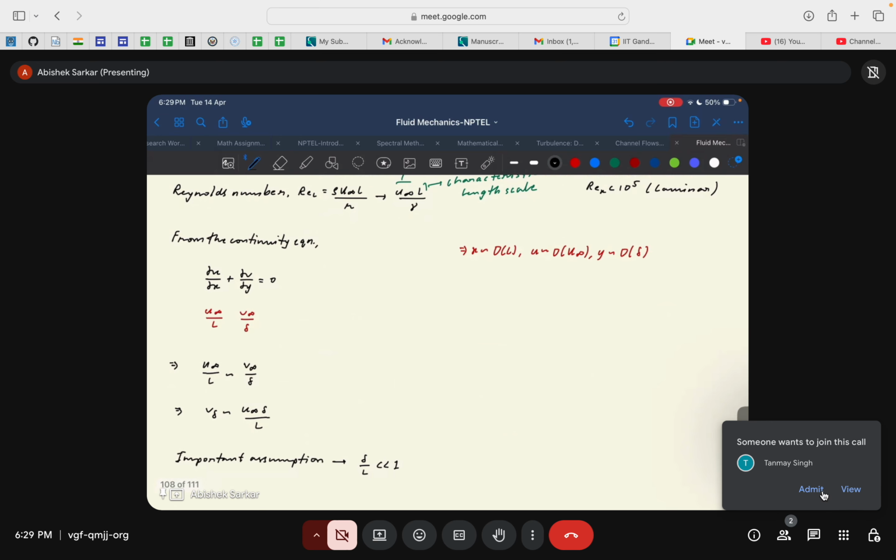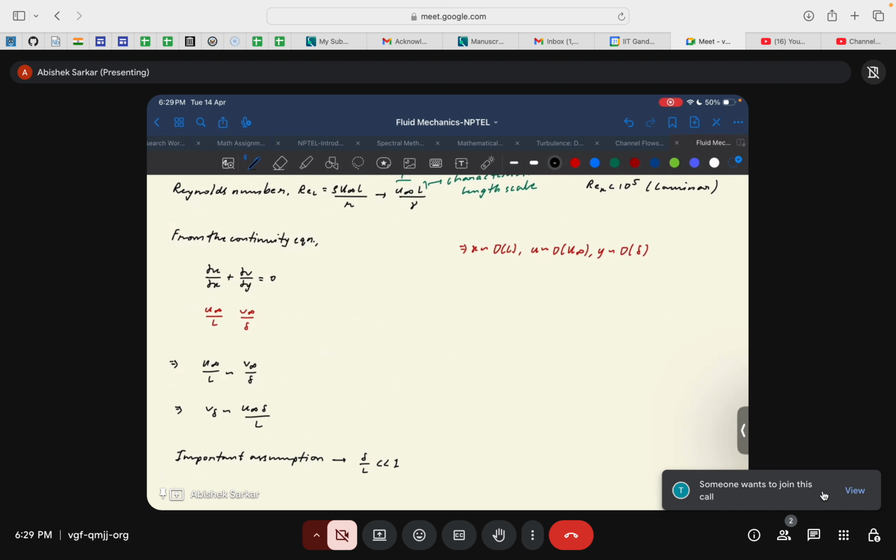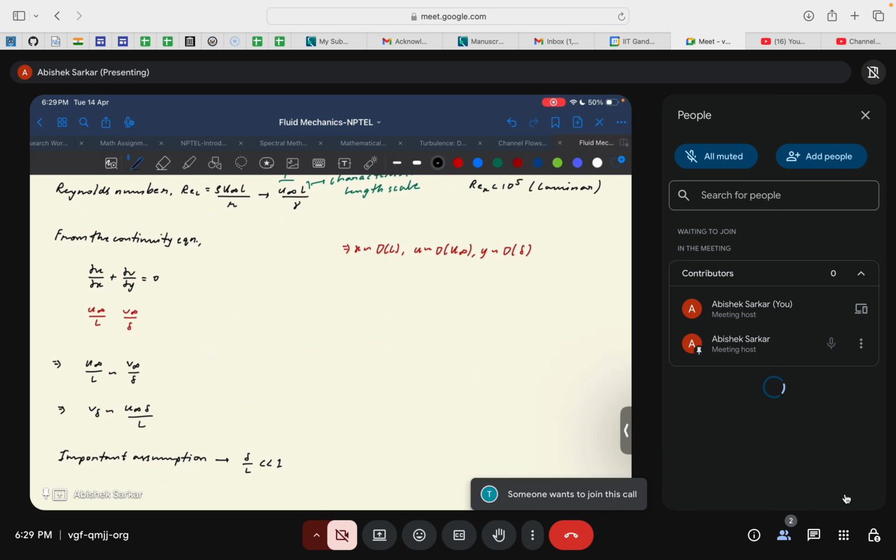Now what we'll do is we'll look into the continuity equation and see how we can understand the scales of the problem.